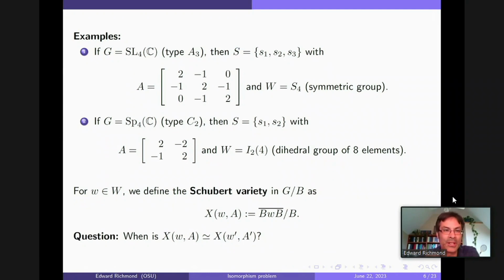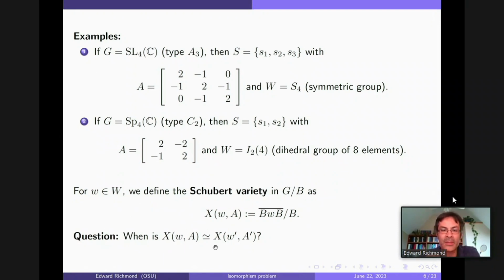So these aren't necessarily in one-to-one correspondence, but when you're dealing with flag varieties and Schubert varieties, this is actually okay. It's okay to consider the Cartan data versus the group when considering these Schubert varieties.